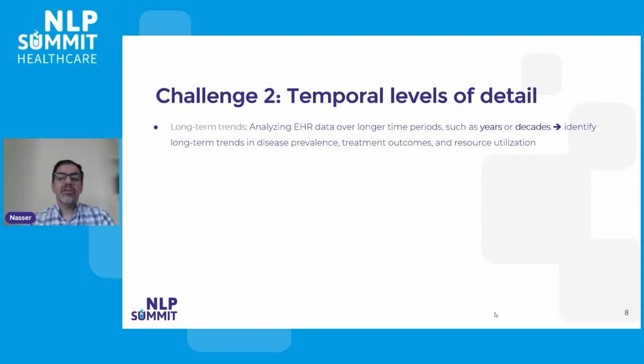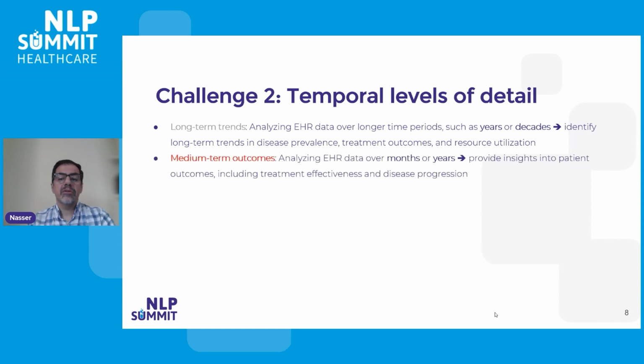The application is to identify long-term trends in disease prevalence, treatment outcomes, and so on. The next level is medium-term outcomes, analyzing data at the level of months or years. It also provides insights into patient outcomes, including the effectiveness of previous treatments and progression of disease.